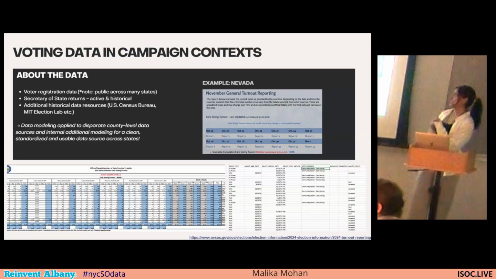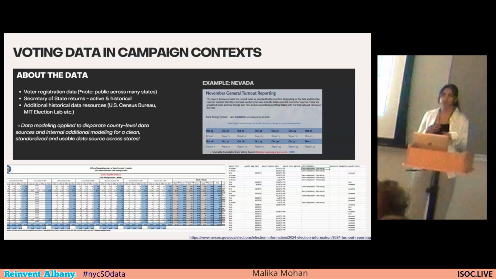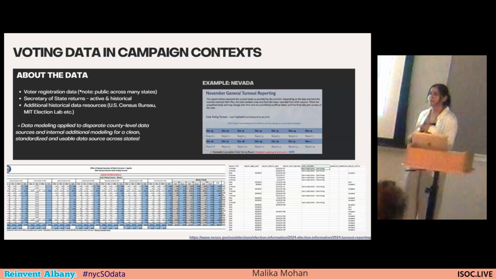So in terms of the data sets that we use to look at that kind of activity, we would look at both voter registration data, which is public across many states, to understand the volume of voter rolls in areas, how they were registered, and who they were when available in terms of demographics. Often companies or campaigns will also partner with funders for more robust and rich voter files.